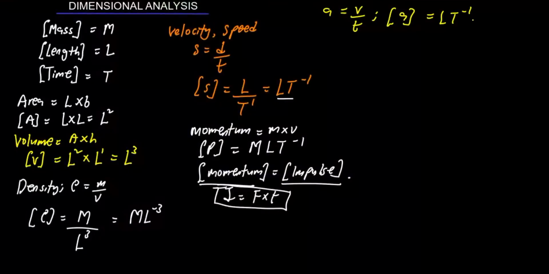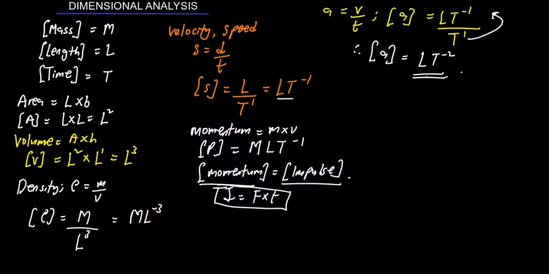Then all over, look at this, this is time, over T. Don't be tempted to say T cancels T. It is wrong simply because this T here has a power of -1, while this one is +1. So they won't cancel each other. Rather, this will come up and make it -2. Therefore, the dimension of acceleration will be equal to LT minus 2, and that is it.